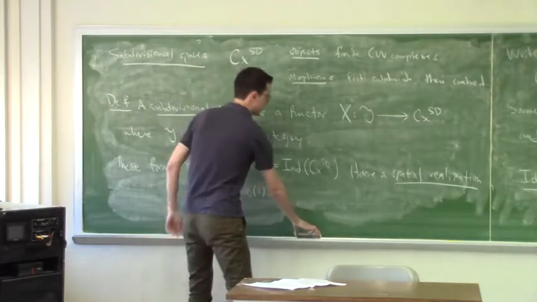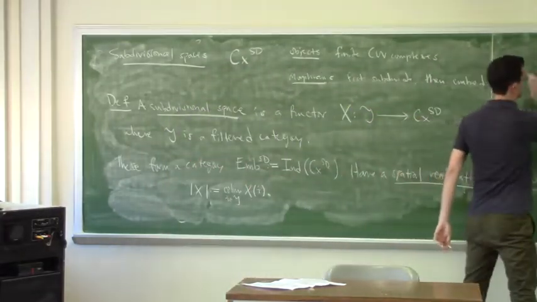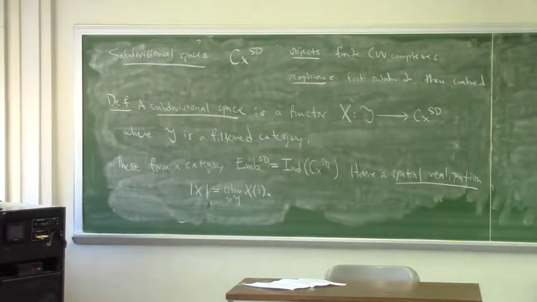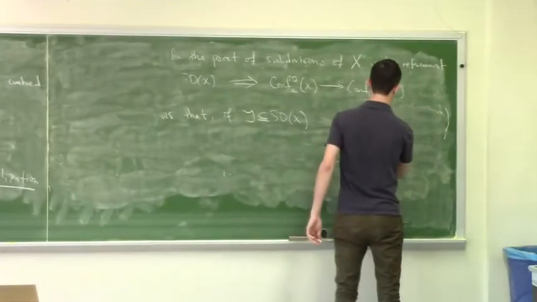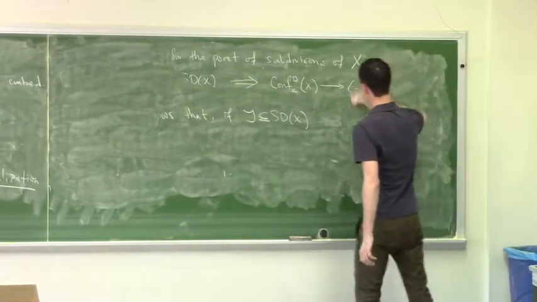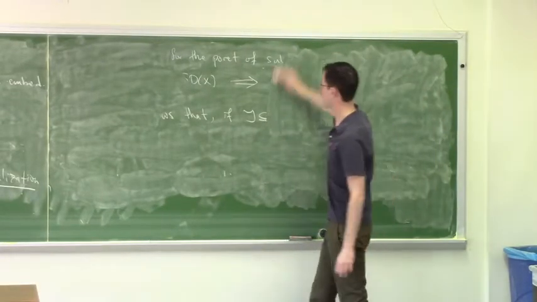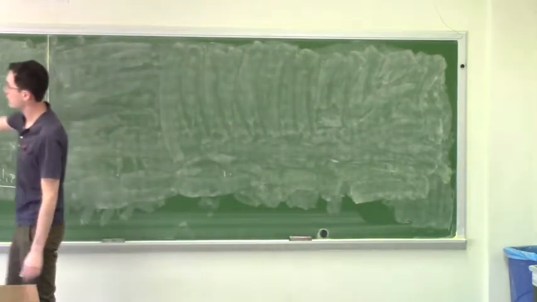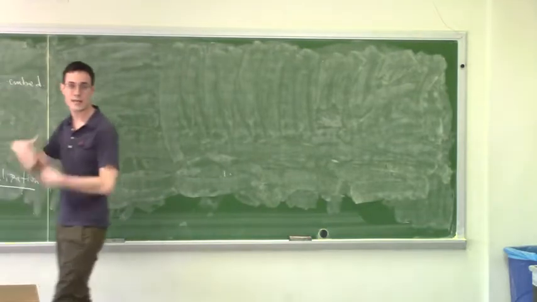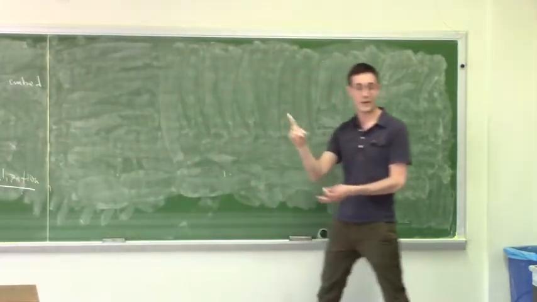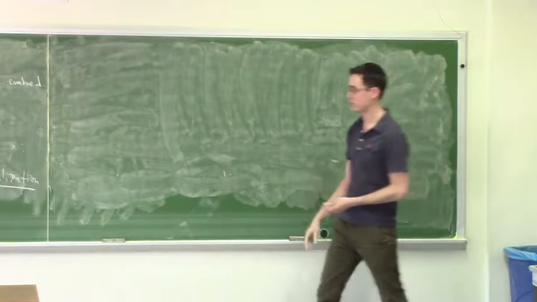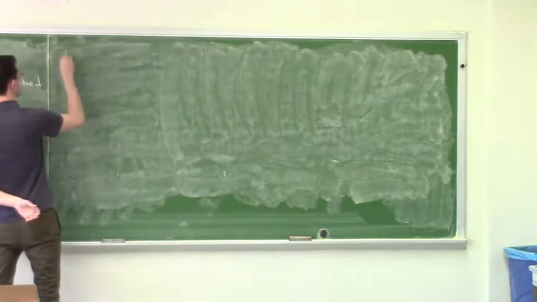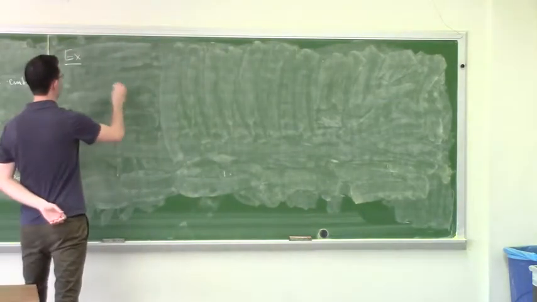Okay, so what are some examples of subdivisional spaces? Well, any finite CW complex determines a subdivisional space, but it determines lots of different subdivisional spaces. So I could take an object of this category and index it on the one element category that's just the identity. That's a filtered subcategory of subdivisions. That's not so interesting. Here's a more interesting object.